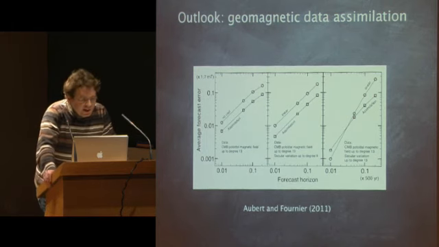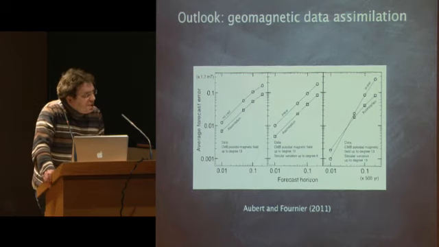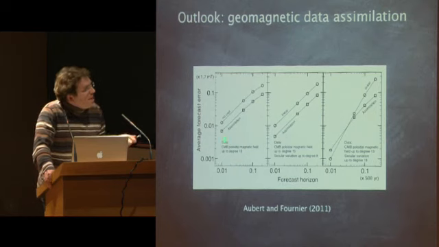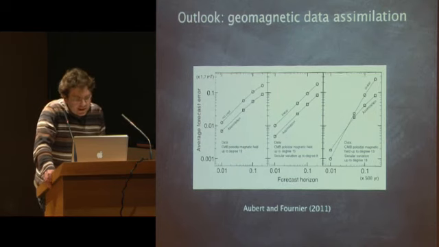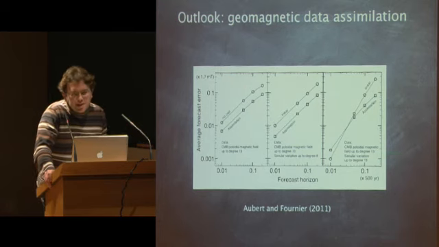And what you see is that in most cases, and for this very simple synthetic system that we have studied in this paper, the assimilation tends to do better than the linear shoot, except at very short forecast horizons, say 5 years, and when you have very good secular variation data to perform your linear extrapolation.